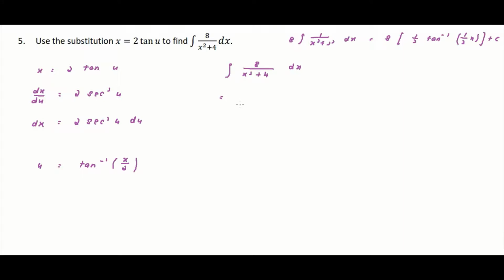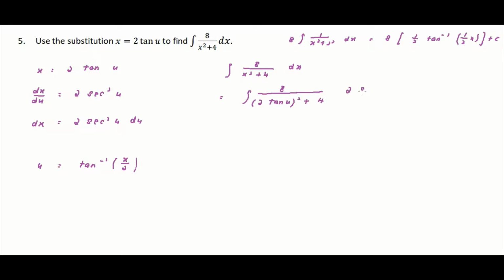Alright, so the first thing that you can try to do is the substitution first, because we need to check whether you have something that you can factorize together, so you don't take out the 8 yet. So what is your x? Your x is 2 tan u, squared, plus 4. What is your dx?